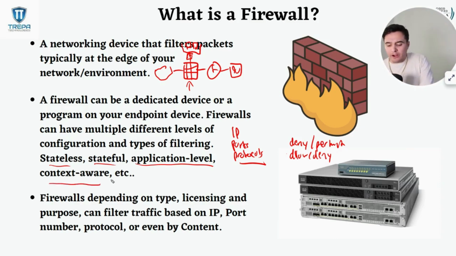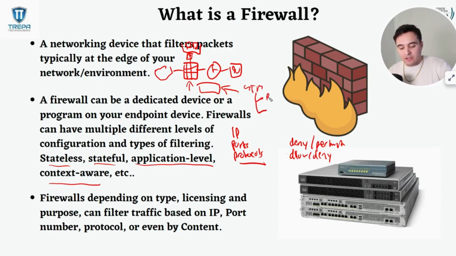We have context-aware firewalls where it could be one piece of hardware, right, that's kind of doing unified threat management, where we're integrating data loss prevention. We're doing EDR, endpoint detection and response, right?